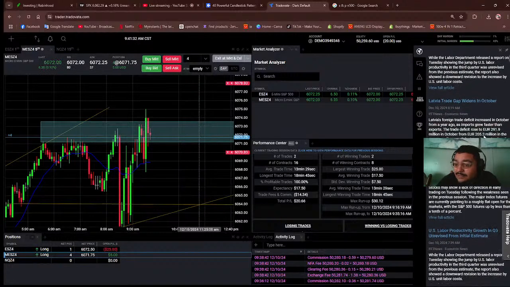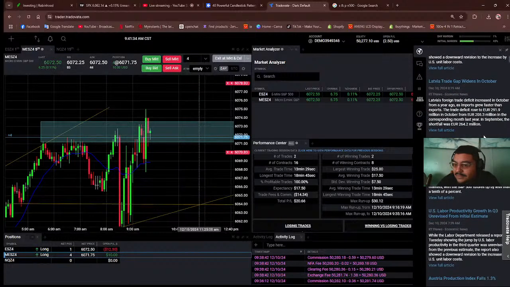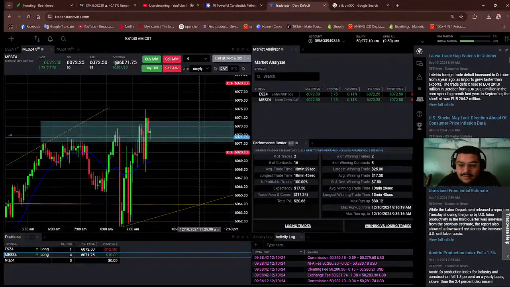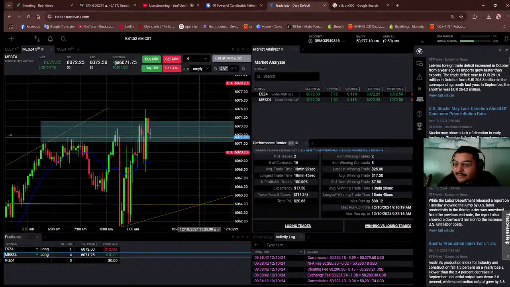Latvia trade gap widens in October. U.S. stocks may lack direction ahead of consumer price inflation data. Stocks may show a lack of direction in early trading on Tuesday, following the weakness seen in the previous session. The major index futures are currently pointing to a roughly flat open. The S&P 500 futures are up less than 0.1%.